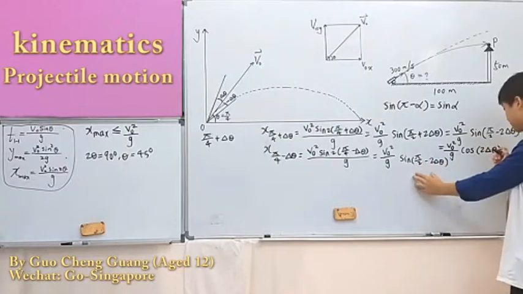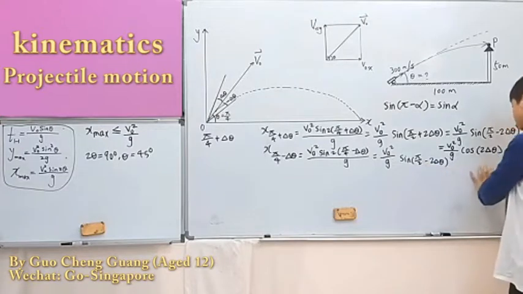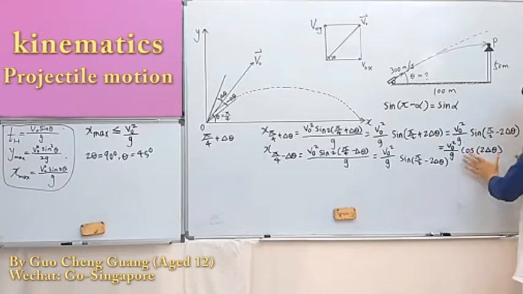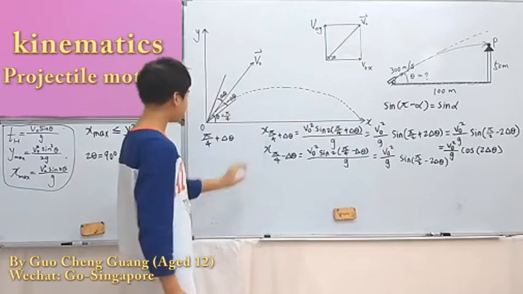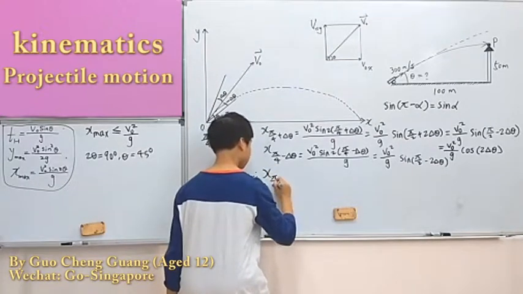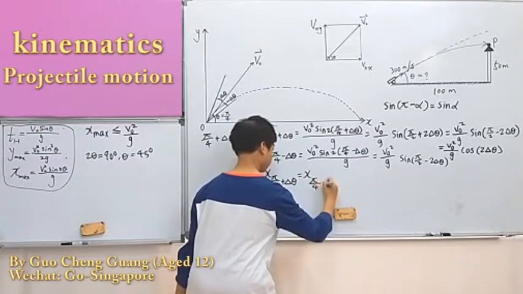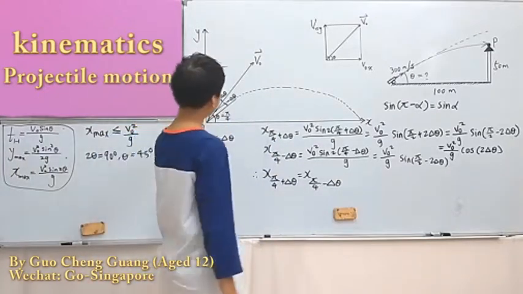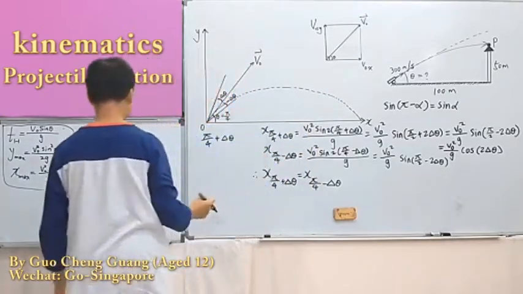If you have realized it immediately, it's just the same as this part. You can continue on, or you can straight away say that these two parts are actually equal, which is why I said just now that this part you can leave out. We have shown that these two are equal. So when you shoot higher, it goes to the same distance, and when you shoot lower, it goes to the same distance as well.